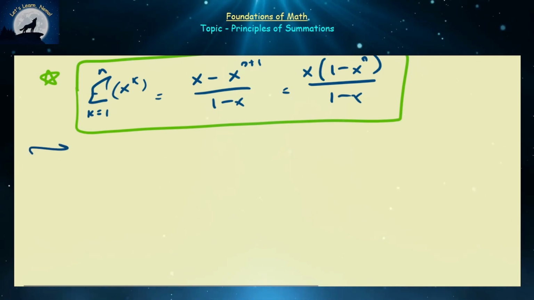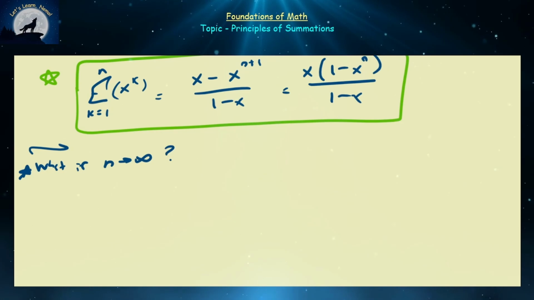Now, another question: what if n goes to infinity? So instead of a finite geometric series, what if you have an infinite geometric series? Just a couple of observations.